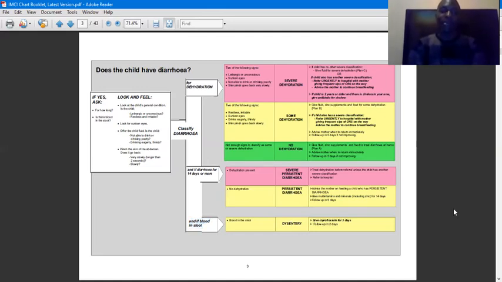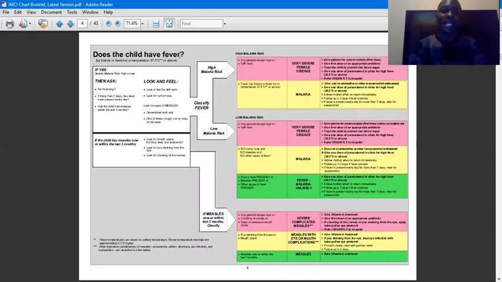The next symptom stated in IMCI is fever. So we have talked about 3 symptoms now. The first symptom we said was cough or difficulties in breathing, the next was diarrhea, and the third is fever.